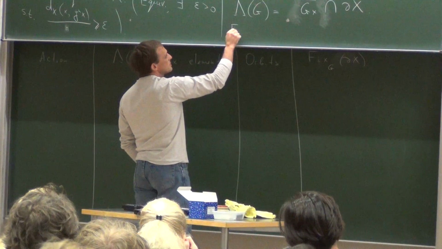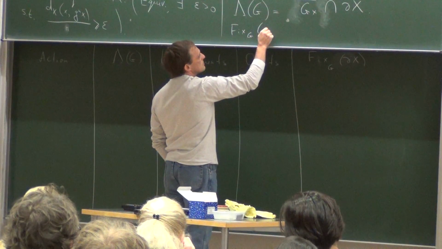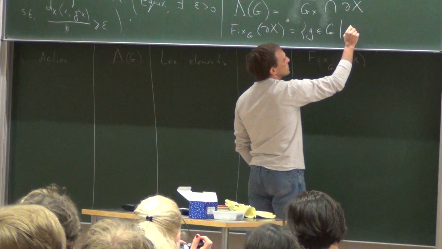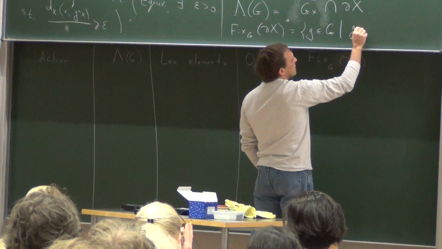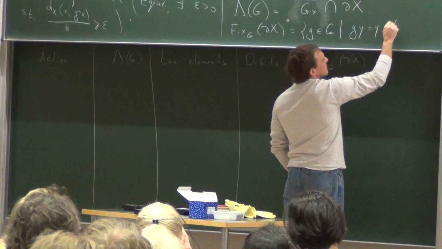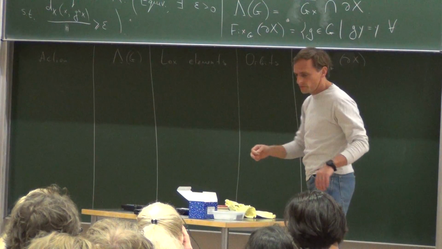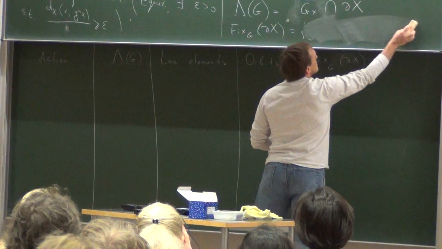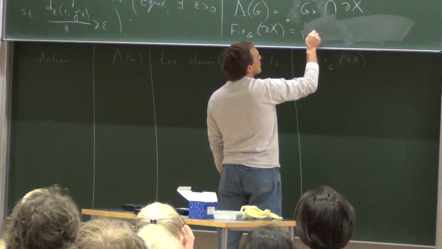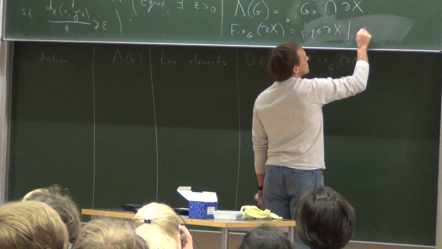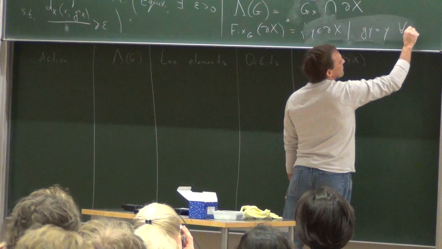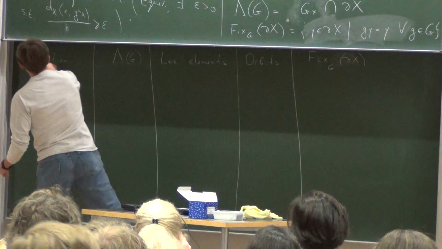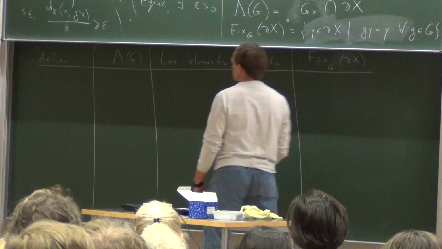So the set of fixed points is the set of all points y in the boundary such that gy equals y for every g in G. Well, the first type of action is called elliptic.